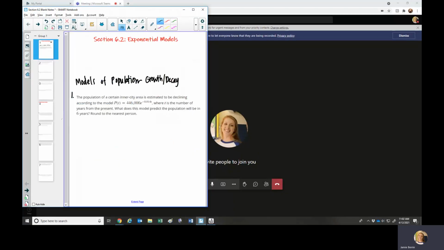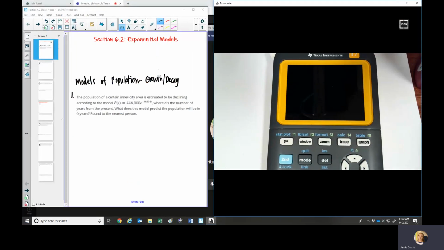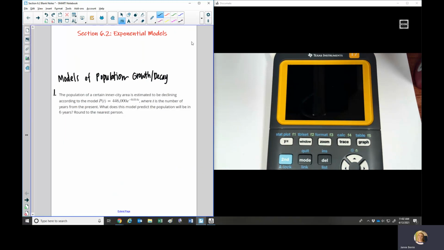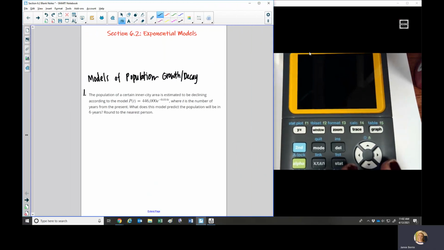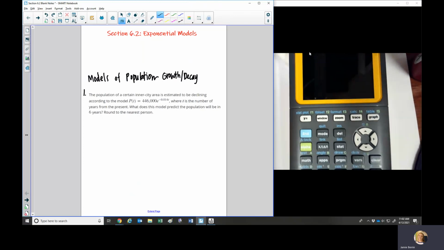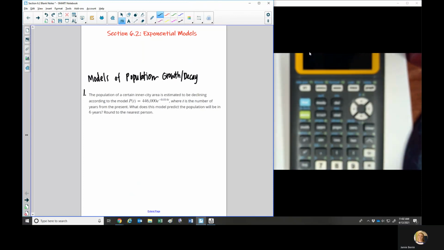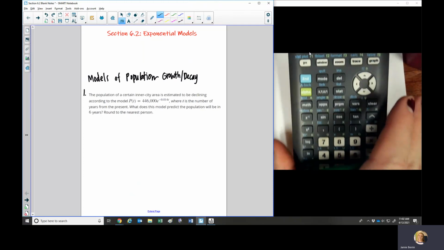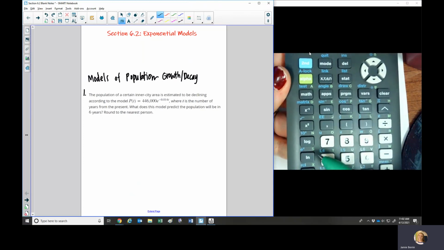So before we do anything else, let's take a minute and look at your particular calculator and figure out where your E button is. If you have the TI-83 or TI-84, then your E button will be in the same spot as mine. There's actually two E buttons on this calculator. You would hit second ln.